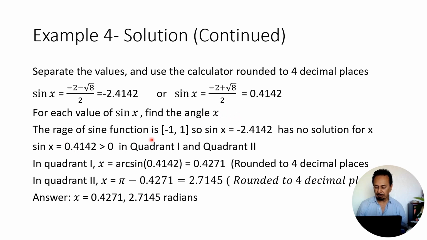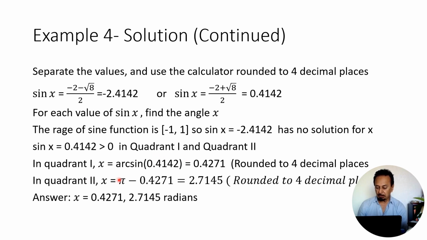Now for each value of sine x, we find the angle x. The range of sine of x is negative 1 to 1. So sine of x equal to negative 2.4142 has no solution for x. Now sine x equal to 0.4142 is greater than 0, and that's in quadrant 1 and quadrant 2.